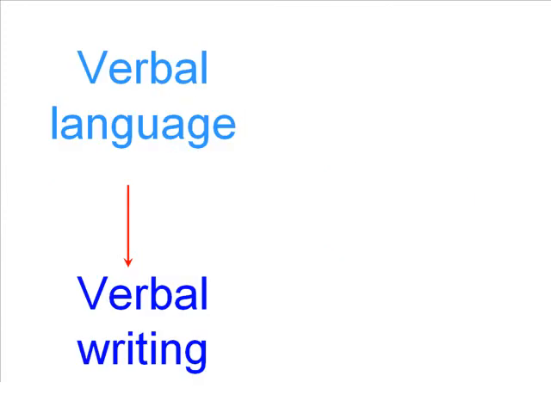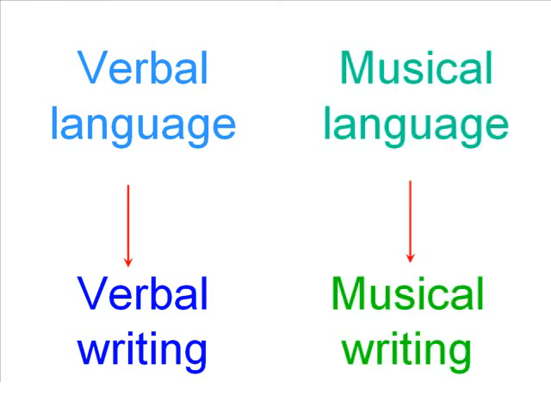When we write it down graphically, we obtain verbal writing. And it's exactly the same thing that happens with what we call musical writing. We use some concepts to represent what we are trying to say.